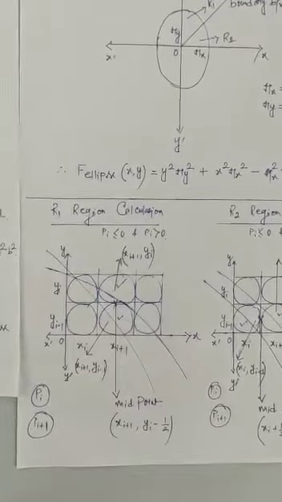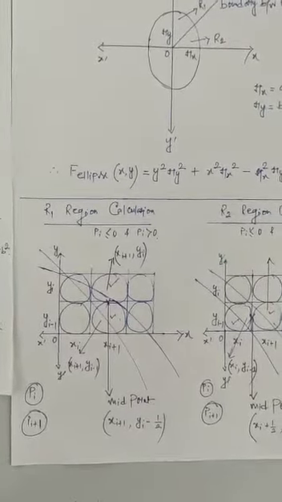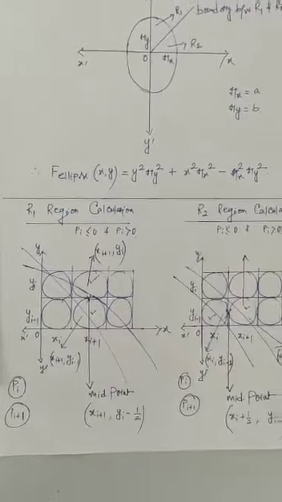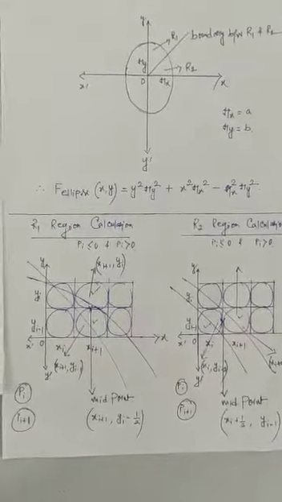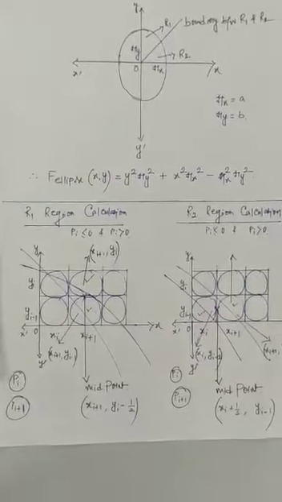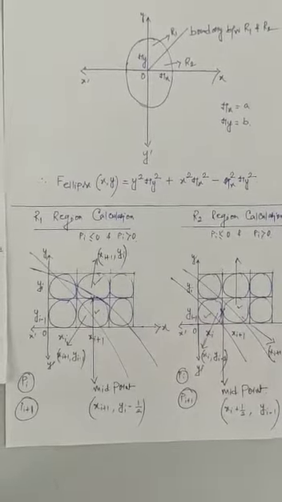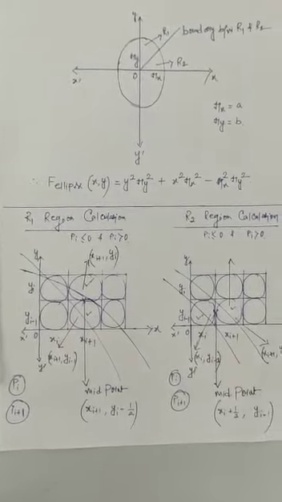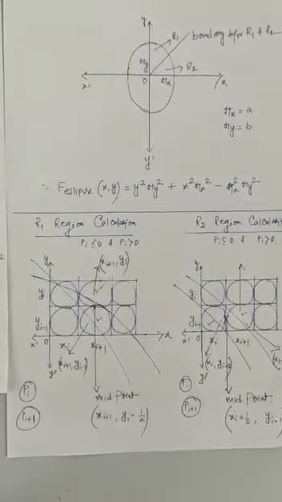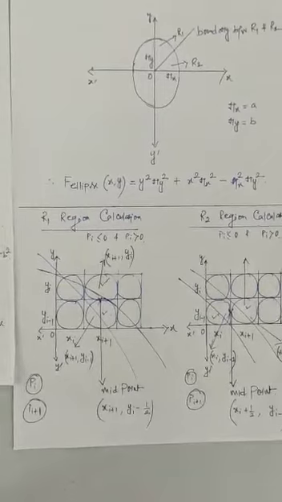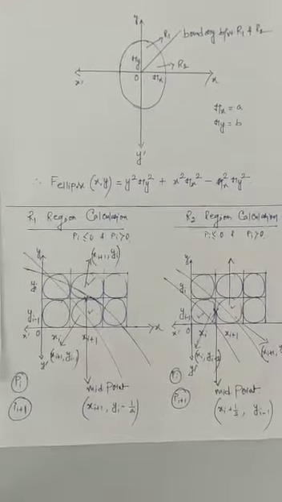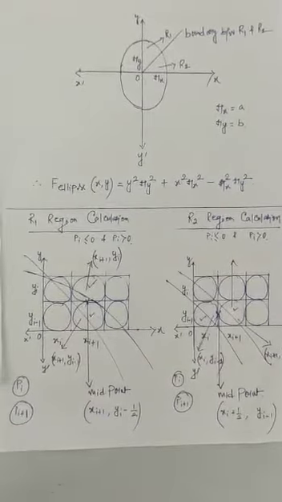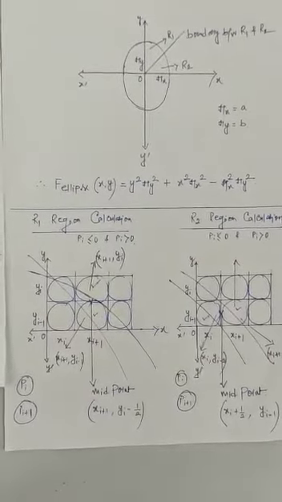If the value of pi is less than or equal to 0, in both cases the midpoint value exists on the line or inside the line. In the other case, if the value of pi is greater than 0, then the midpoint coordinate value, for both the cases R1 region and R2 region, is placed outside the line.